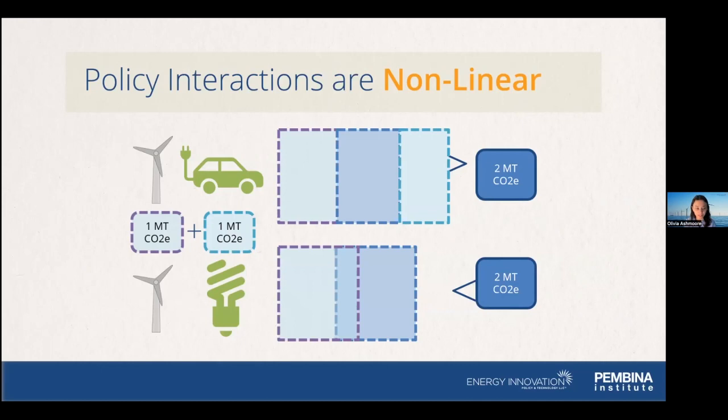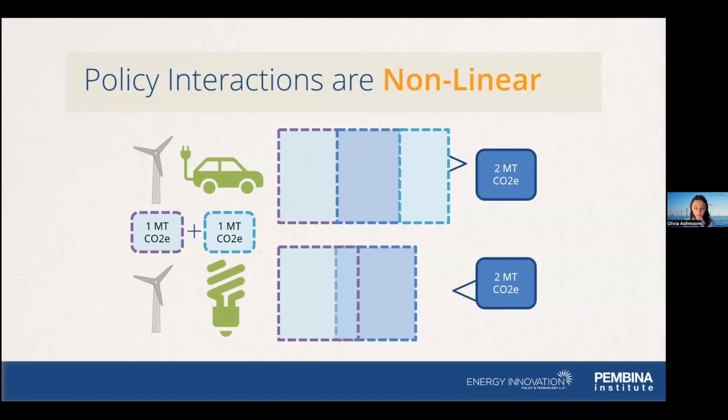In the first example, we might have an EV policy and a clean electricity policy that each individually would reduce total emissions by 1 metric ton. But when they combine together, they're going to produce even greater emissions reductions than either of those policies would on their own.